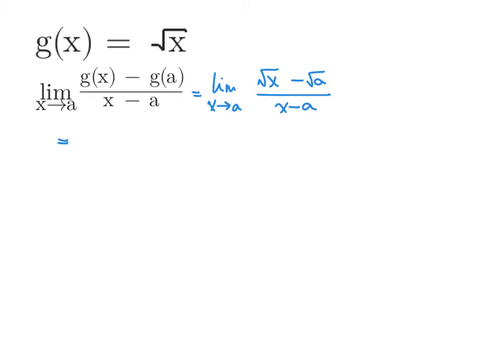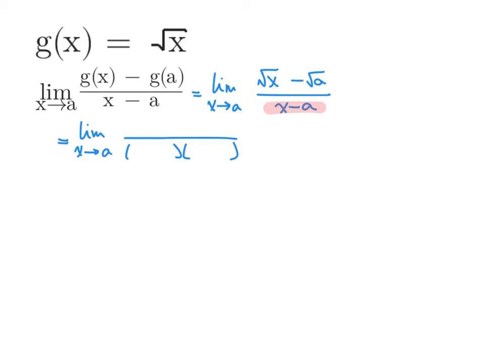And the real kind of trick to this problem is how you view that denominator. And the denominator really is the difference of two squares. So we can factor it. Right? Difference of two squares, like when we have x squared minus 25. We love that one because it factors into x plus 5, x minus 5. And I'm saying that x minus a is also a difference of 2 squares.